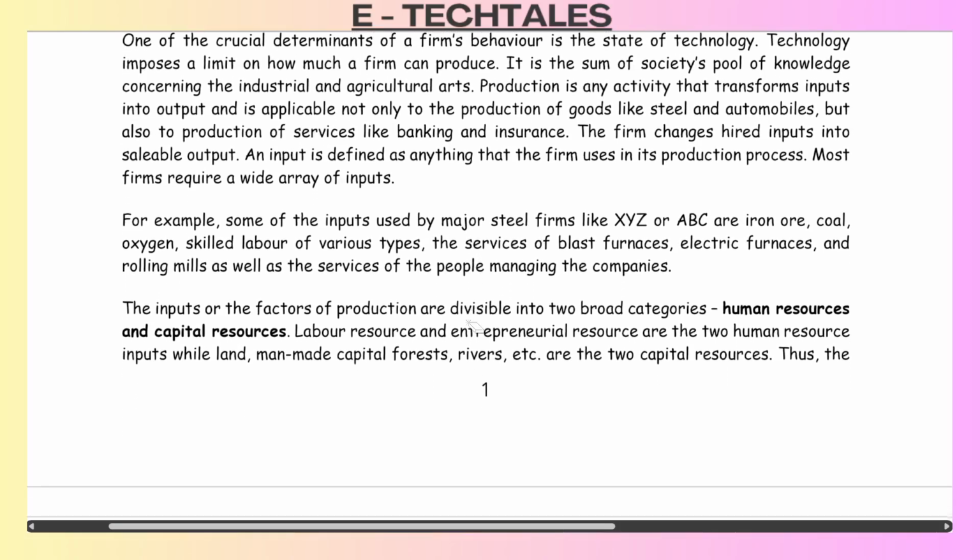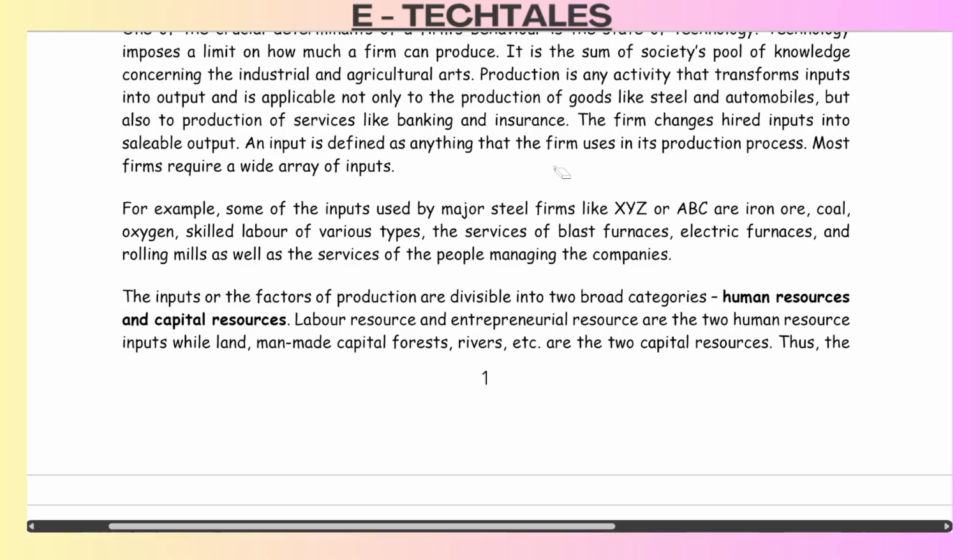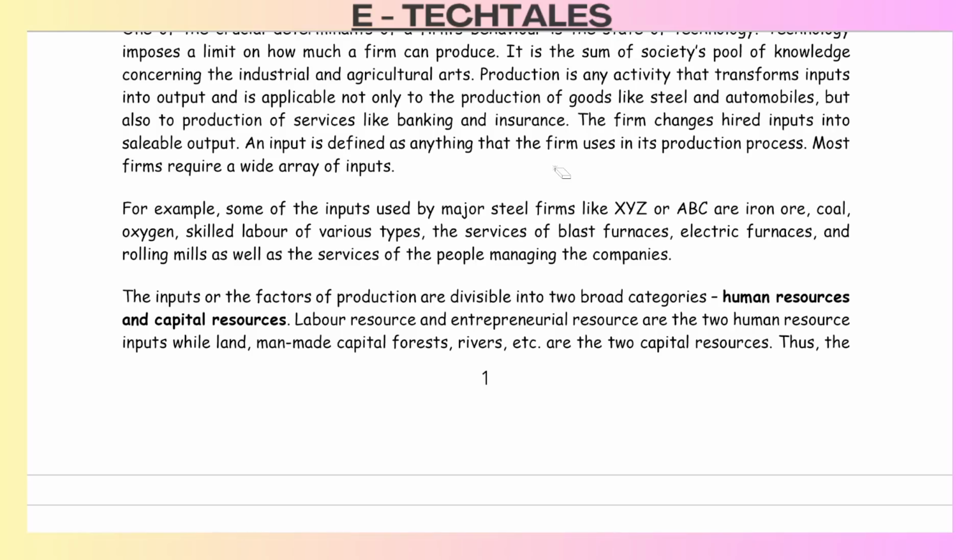Now, the inputs are defined as the resources a firm uses in its production process. For instance, a major steel firm utilizes iron ore, coal, oxygen, skilled labor of various types, and machineries such as blast furnaces and rolling mills.